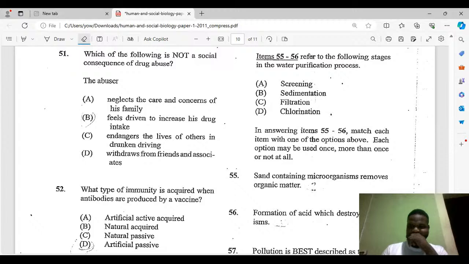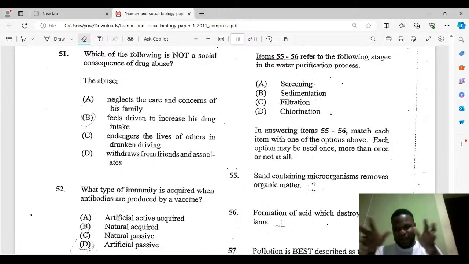I'm seeing a C. All right, so sedimentation is when it is allowed to settle. So let's use tea, for example. You ever drink Milo tea or coffee? When you're done drinking, you see some black sediments in the bottom of the cup. That's an example of sedimentation, really. It basically allows it to form and just drop.